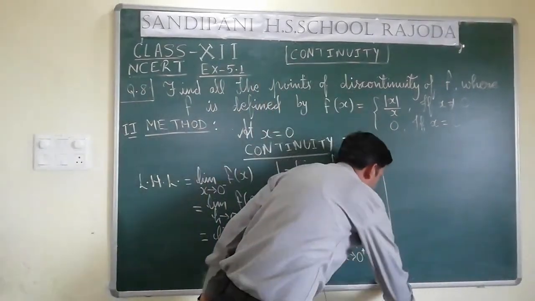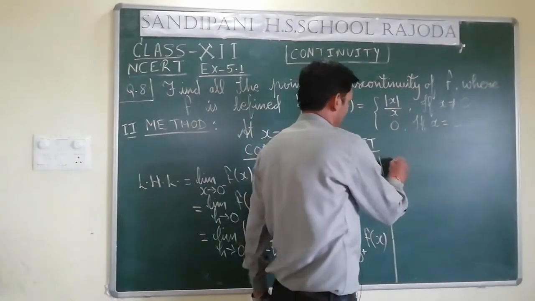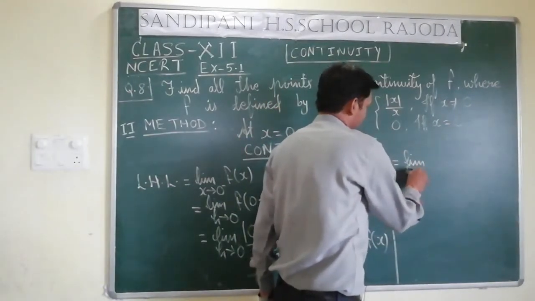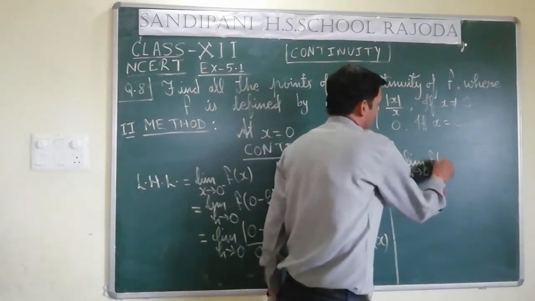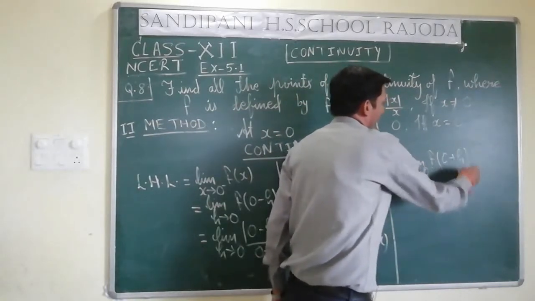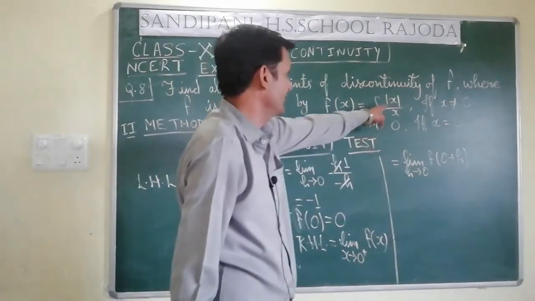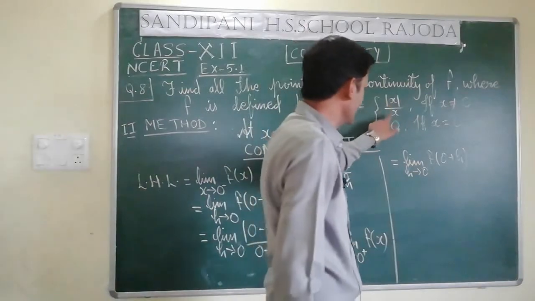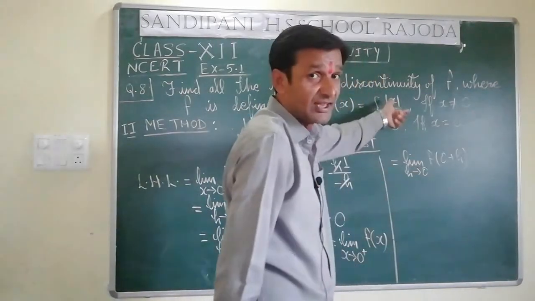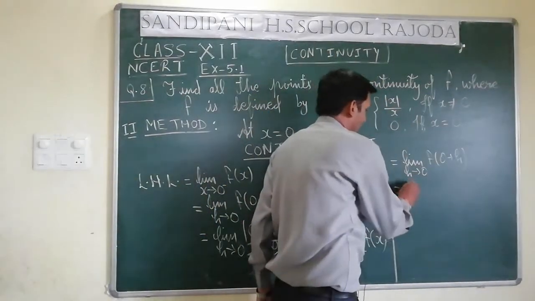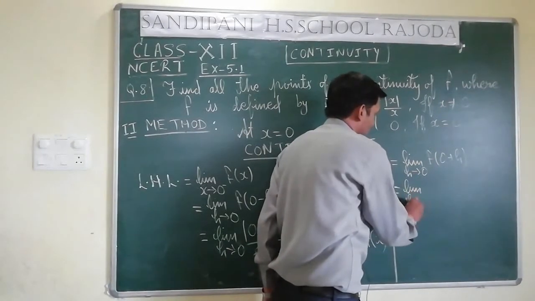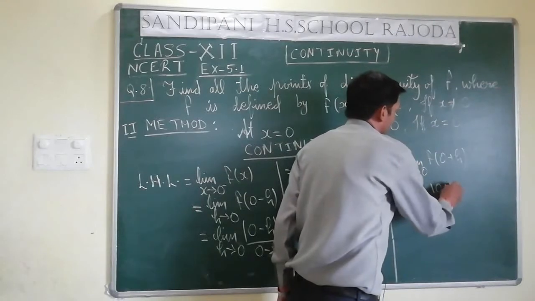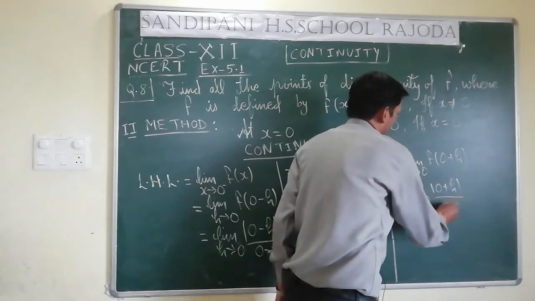So, it will be limit h tends to 0 f of 0 plus h. Now, we will have to write 0 plus h in this place of x in this function. In place of x we have to write 0 plus h in this function only. So, now it will be limit h tends to 0, 0 plus h upon 0 plus h.